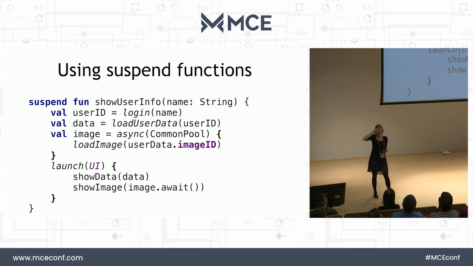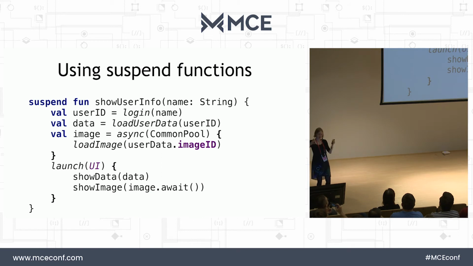And when you define your own custom logic, now you can manipulate all these suspend functions. So you can define a new suspend function that calls all the previous suspend functions. For instance, in this example, we want to show user info. We want to first load the login for our user. It can be suspended somehow because, I don't know, it's a network operation or something.